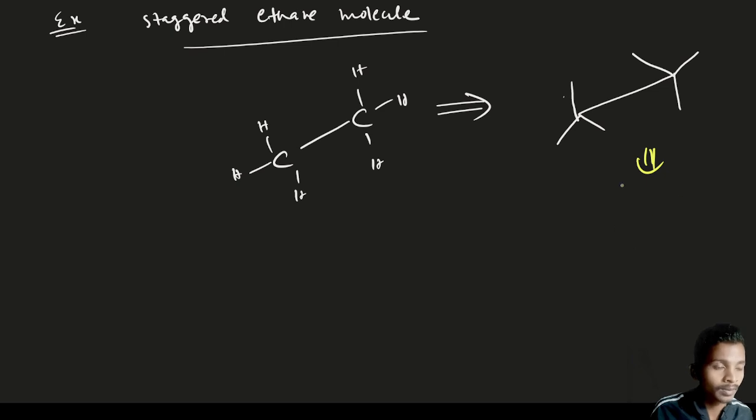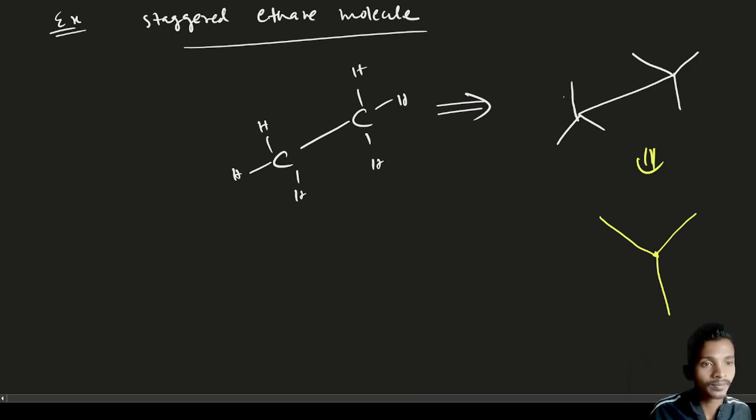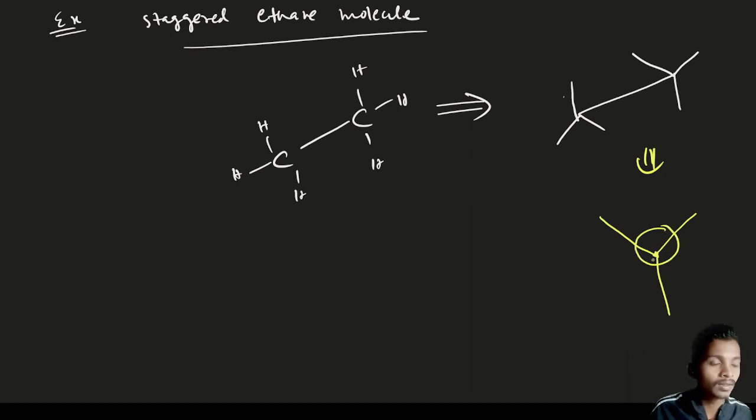This is familiar from organic chemistry: this point represents the front, and this circle represents the back.